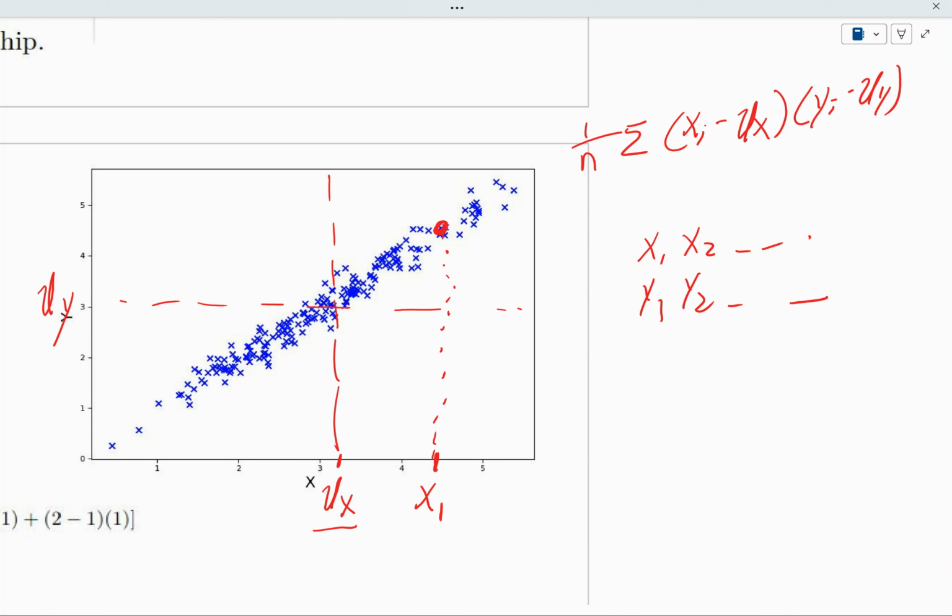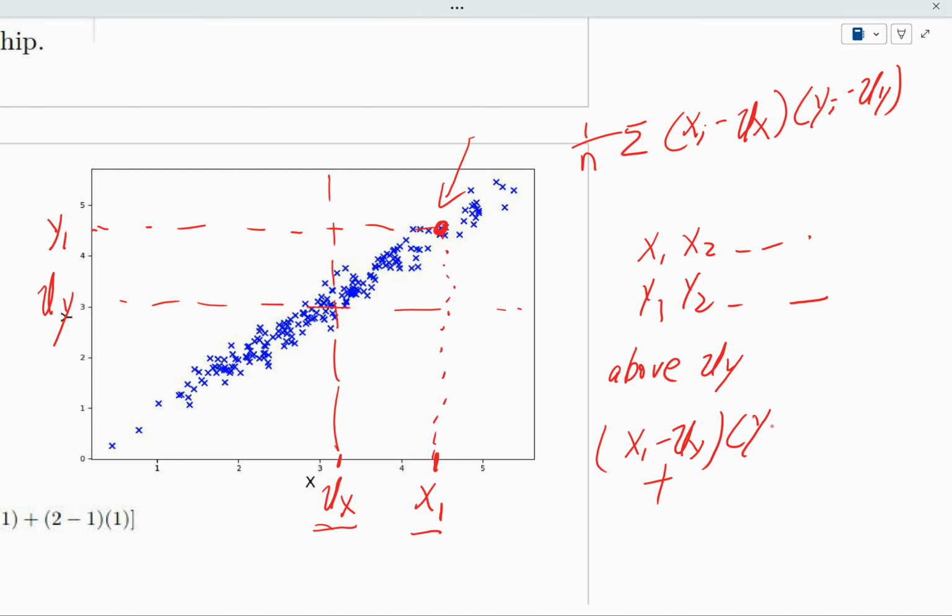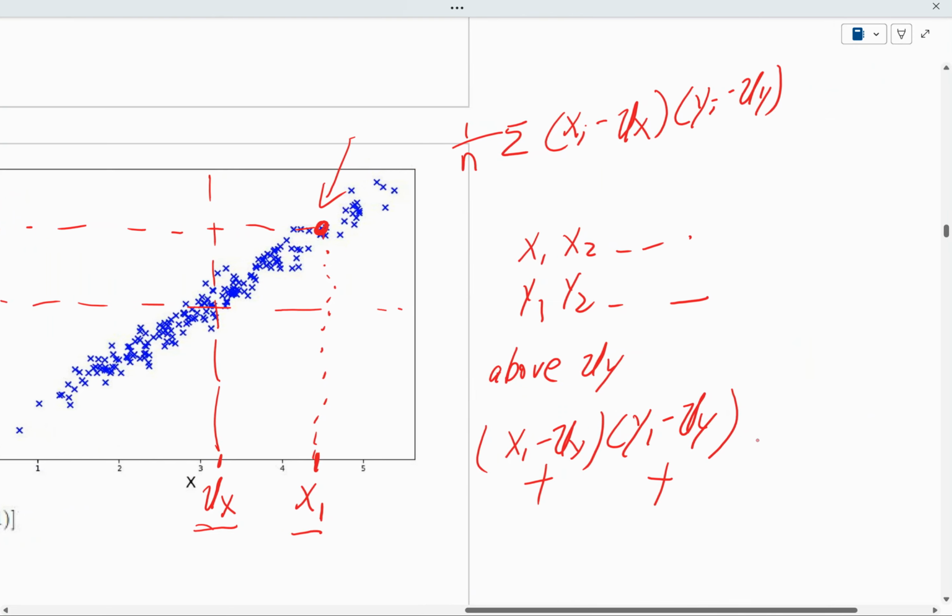Well, what's likely going to happen is that the y value, y1, is also above mu y. So if x1 is larger than mu x, x1 minus mu x must be a positive value. And y1 minus mu y is also positive, right? Multiplying them together leads to a positive value.